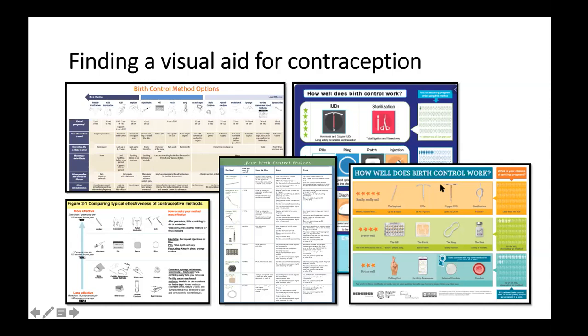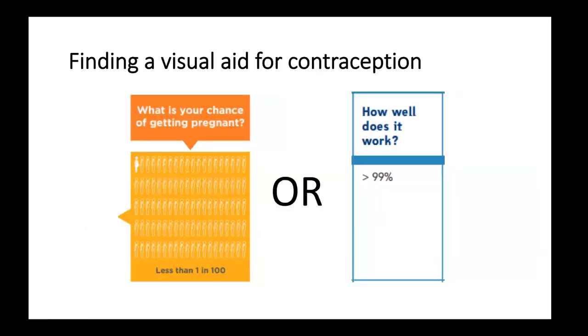I think one thing to consider about choosing a visual aid, though, is how it talks about efficacy or effectiveness, because I think there are some confusing ways of talking about it. This one on the left seems like a pretty straightforward visual representation that maybe is easier to understand than the one on the right.